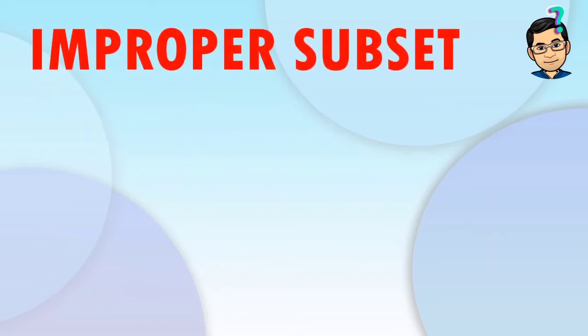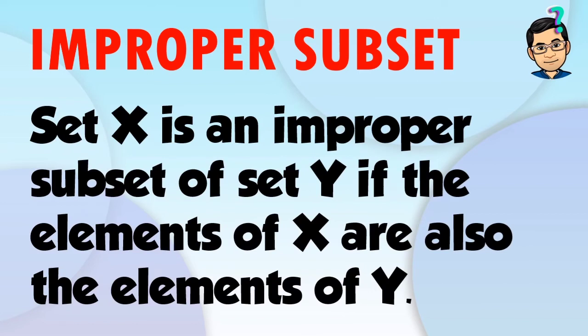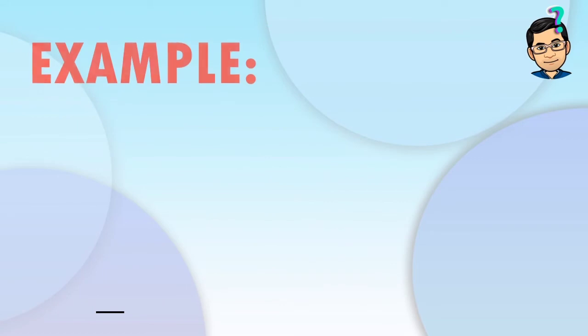While improper subset, set X is an improper subset of set Y if the elements of set X are also the elements of Y. Sa madaling salita, kung ano ang mga elements ng X ay yun din ang elements ng makikita sa Y. Let's have an example.